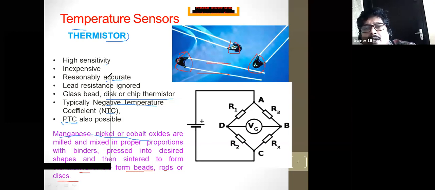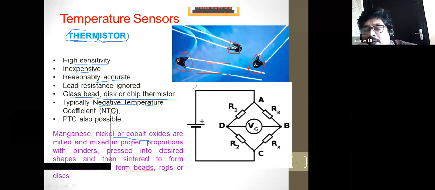See here, it is exposed to where the temperature of a substance we have to measure. I told you that thermistor is nothing but thermal plus a resistor. When it is exposed to a heat source, automatically there will be a change in this resistor.